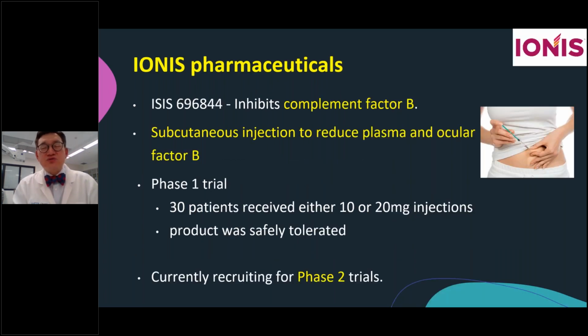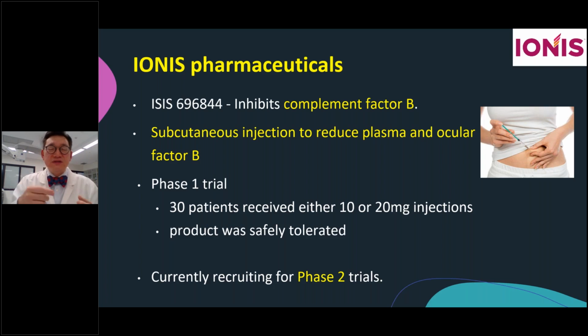This next drug is really innovative. It's by Ionis, and it inhibits complement factor B. Because complement factor B is made in the liver, not in the eye, it's given by subcutaneous injection.